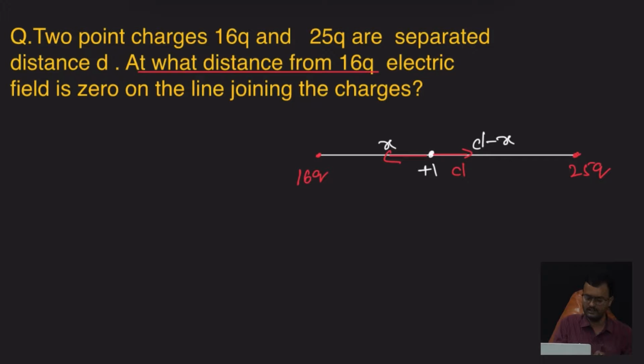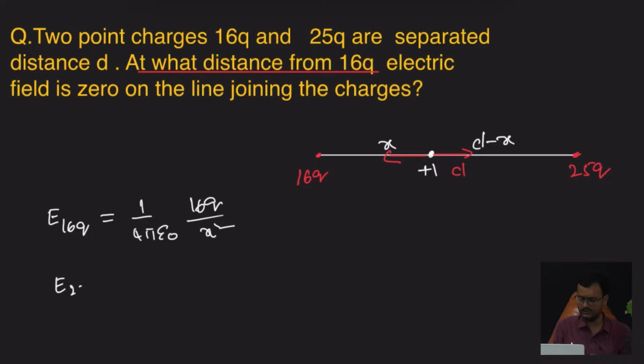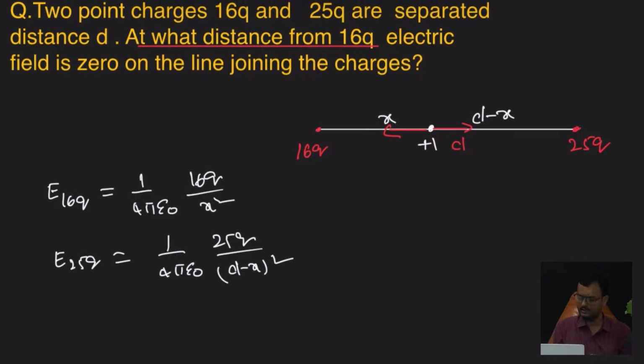Electric field due to 16q is equal to 1 by 4 pi epsilon naught times 16q by x square. Electric field due to 25q is equal to 1 by 4 pi epsilon naught times 25q by d minus x, whole square.